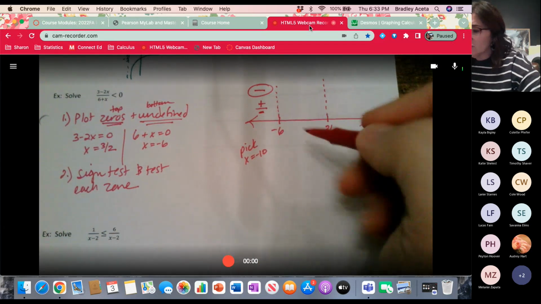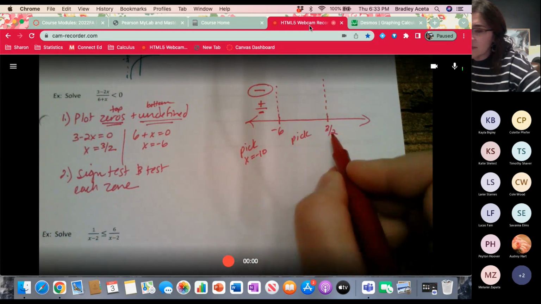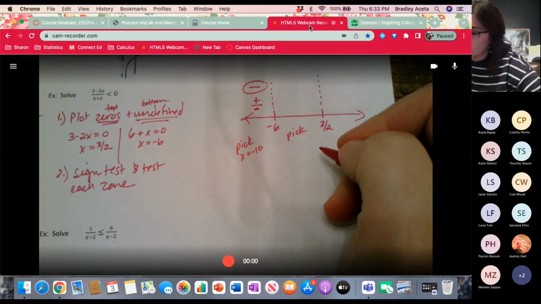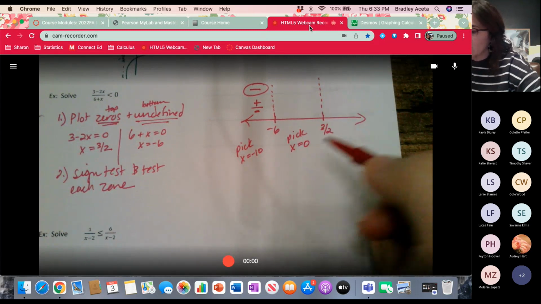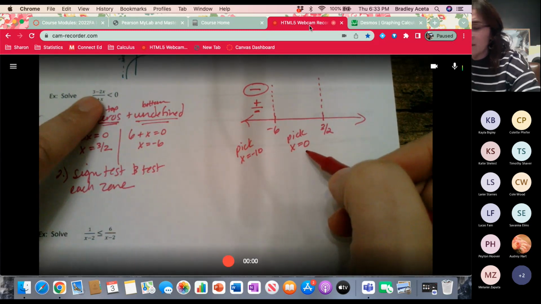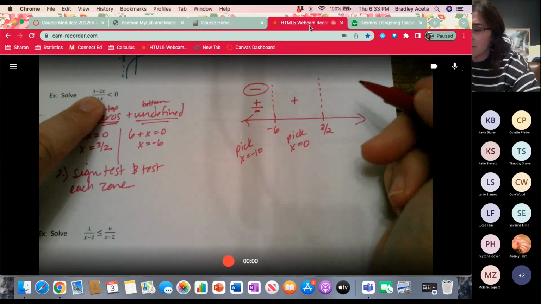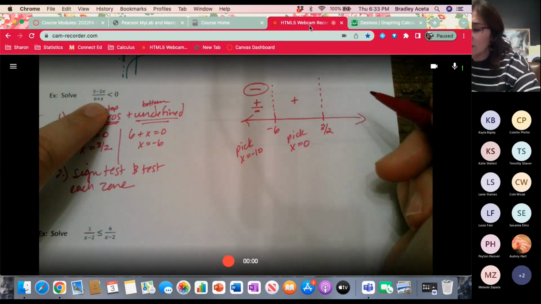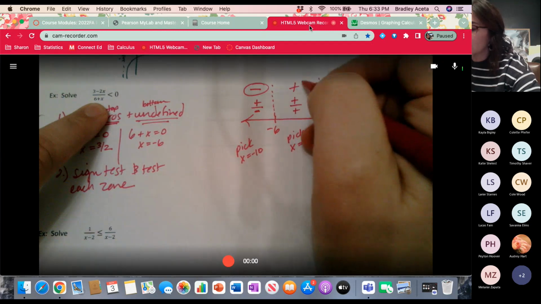Let's do that again. Let's do the middle one. So pick a number that's in between -6 and 3/2. So that would be like 0. So if I plug 0 into the top, I would get what sign? Well, I would get a positive number. If I plug 0 into the bottom, I would still get a positive number, which means that's positive.